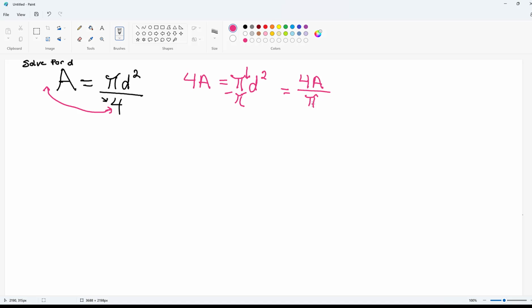So it's going to become 4a over pi, and I don't like to put the equals because we're not at the end yet, equals, okay, where are we at? There we go. Equals d squared. Okay, and we can put our steps here.